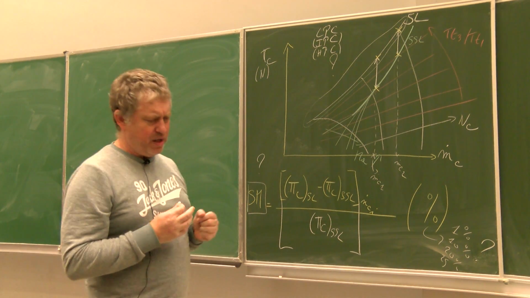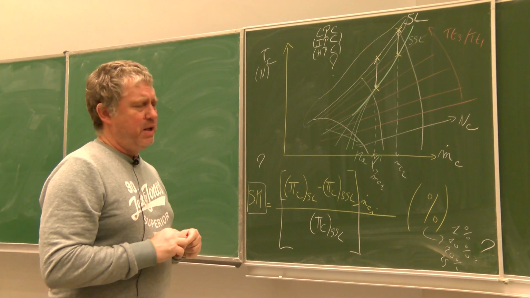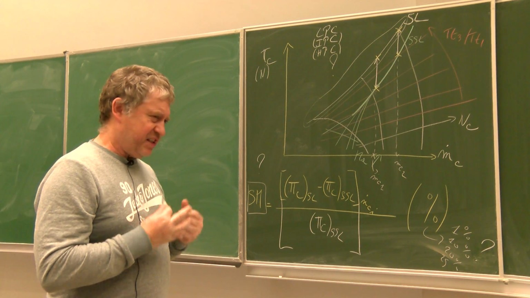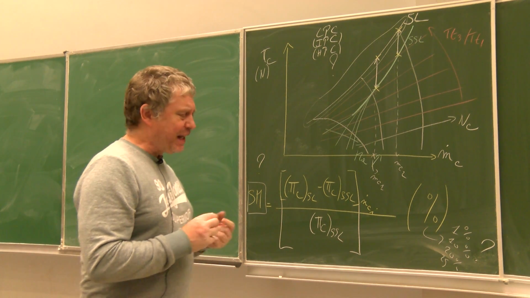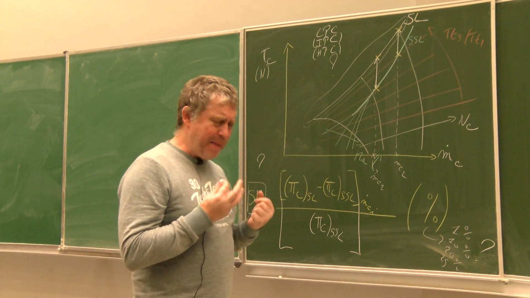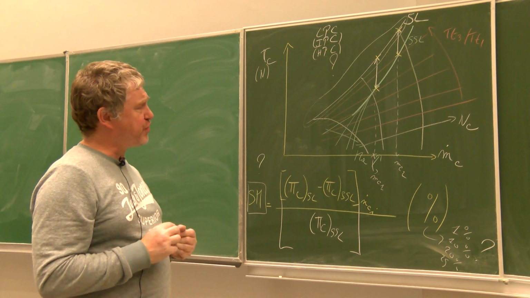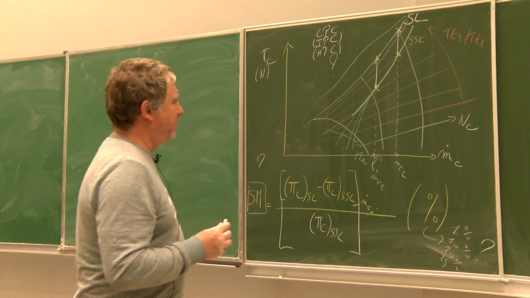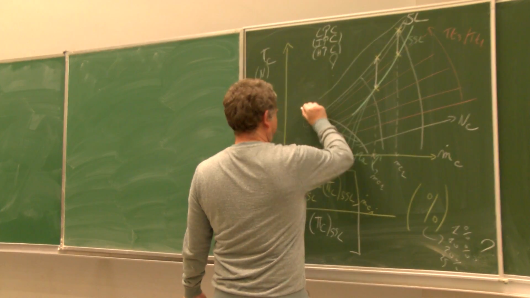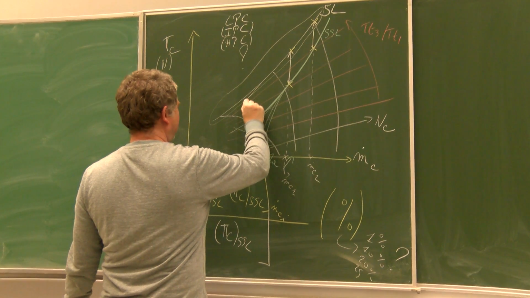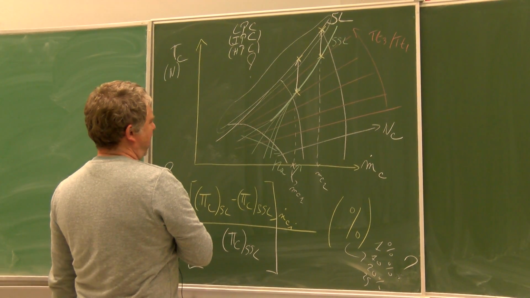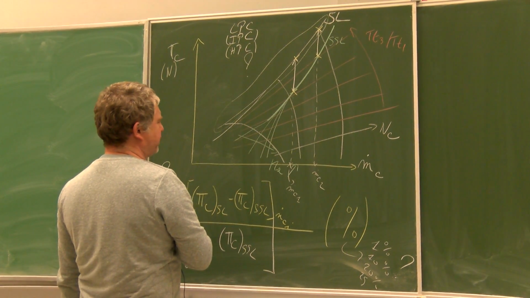We need to look a little bit at the situation in more detail. And look at the details. Make a zoom on the surge line. And in fact, you could see that the surge line, this is very often something that was most probably like this originally.